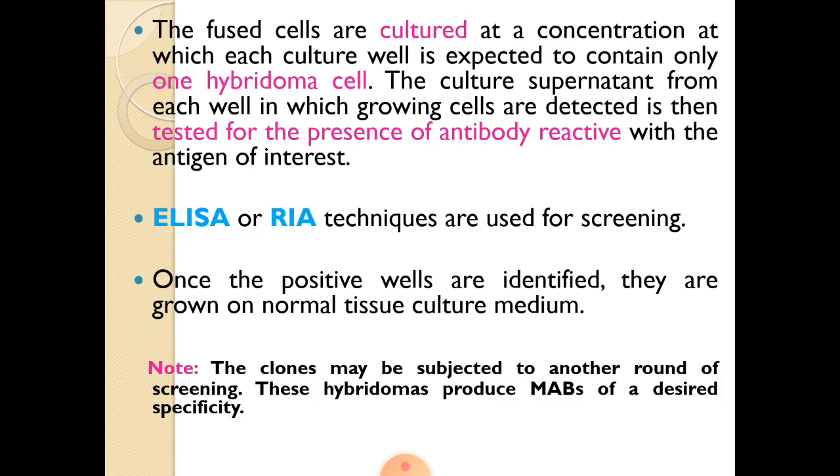Then ELISA or RIA, radioimmunoassay techniques, are used for screening. Once the positive wells are identified, they are grown on normal tissue culture medium. Note that the clones may be subjected to another round of screening. These hybridomas produce MABs of a desired specificity.